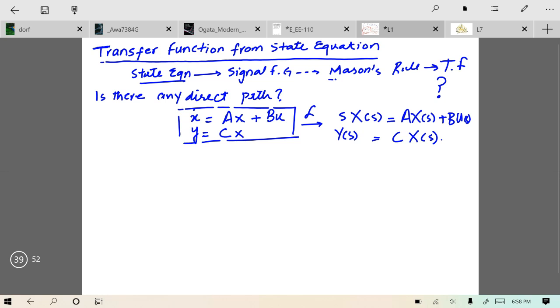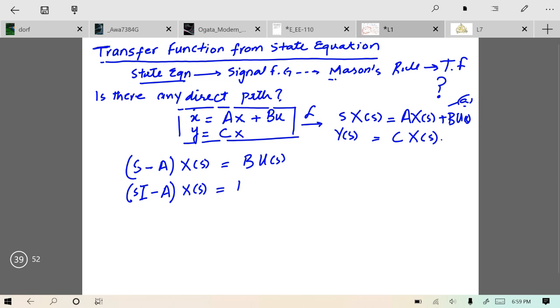Rearranging the first equation, we get (s minus A) into X of s equals B U of s. Since A is a matrix, S minus A doesn't make any sense unless S is a matrix, so I multiply S with an identity matrix. Then it becomes (sI minus A) into X of s equals B U of s.